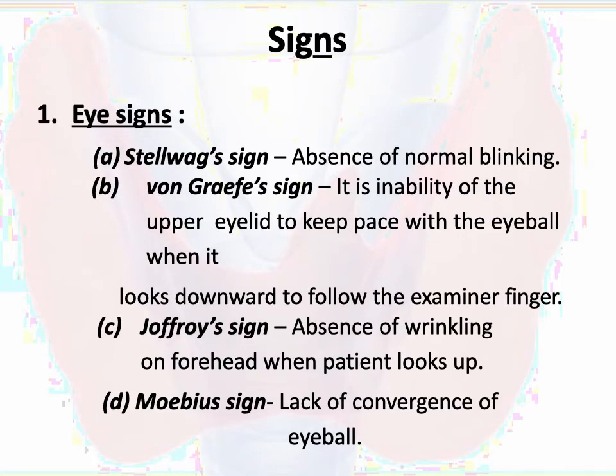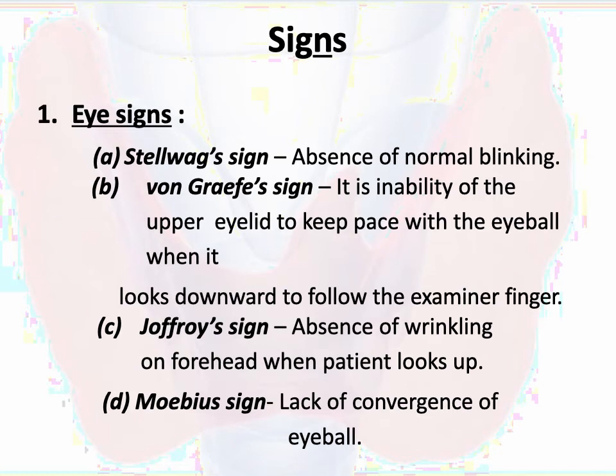Eye signs: Stellwag's sign, absence of normal blinking, right? Von Graefe's sign is inability of the upper eyelid to keep pace with the eyeball when it looks down to follow the examiner's finger. Then there is Joffroy's sign, absence of wrinkling on the forehead when the patient looks up. Usually when we look up, there is wrinkling on our forehead.